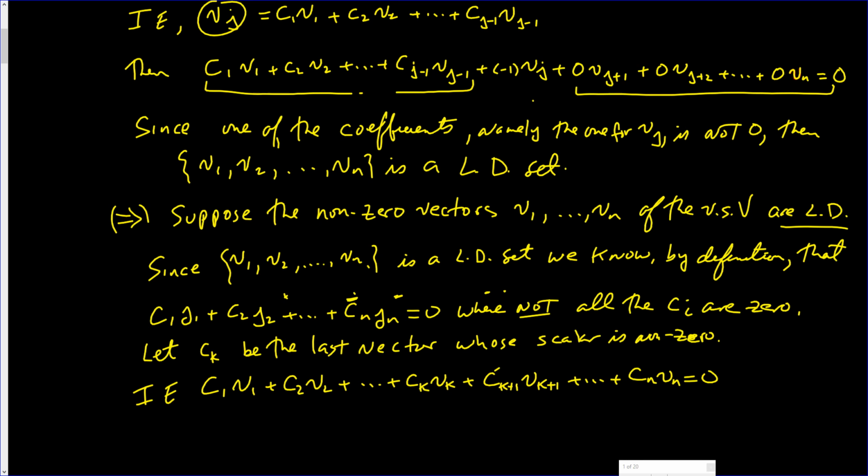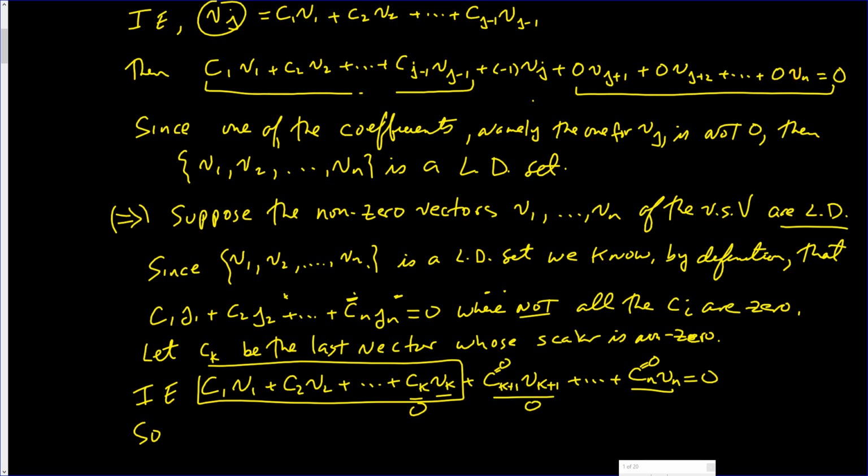However, all of those coefficients after C sub k, or after V sub k if you prefer, are all 0. So this part is all zeros.